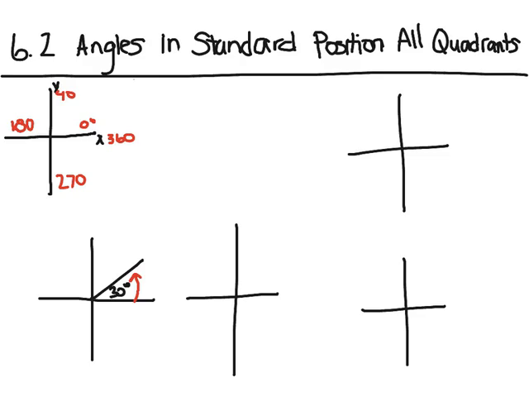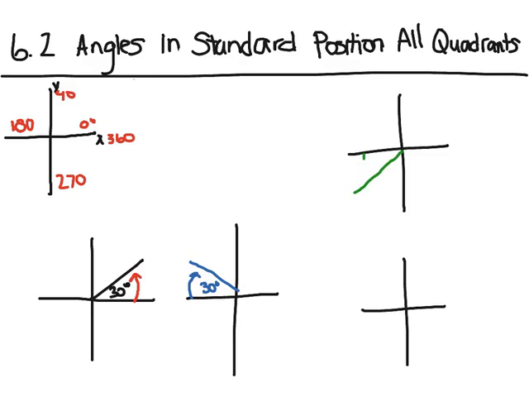If we wanted to draw a reflected image in quadrant 2, our line would look like this. And this angle from the x-axis to the line would be 30 degrees. If we wanted to draw it in quadrant 3, it would look like this.